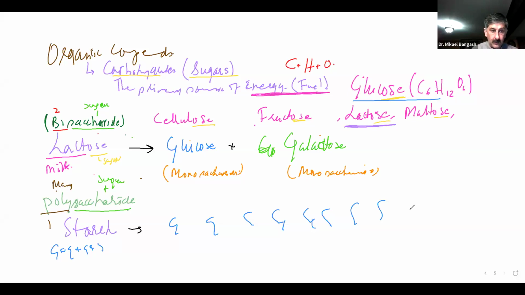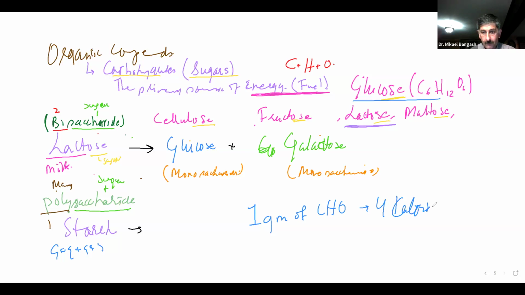Now, although we say that it is the primary source of energy, the question may arise: how much energy do carbohydrates supply us with? We can mainly say that 1 gram of carbohydrates gives up to 4 calories of energy.